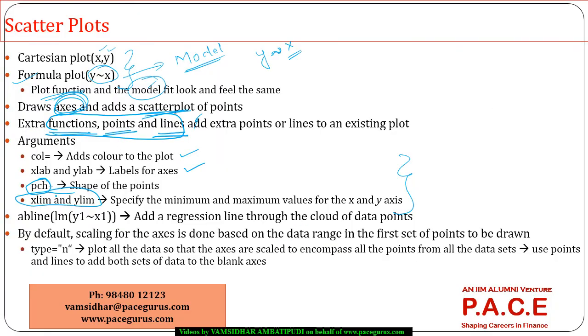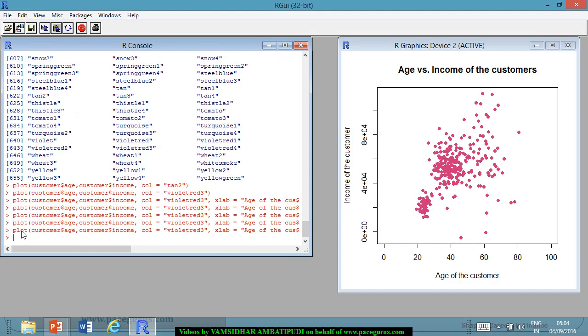So if I want to add a regression line, I have this function called abline, wherein lm is nothing but fitting a linear model. I'm fitting a linear model between y and x, which is nothing but my variable y and variable x, and on top of that linear model, I'm trying to draw an abline. So let's try.